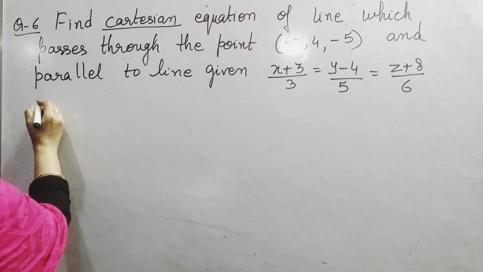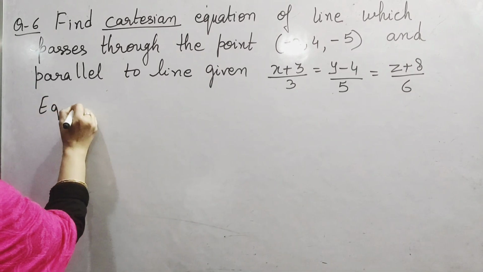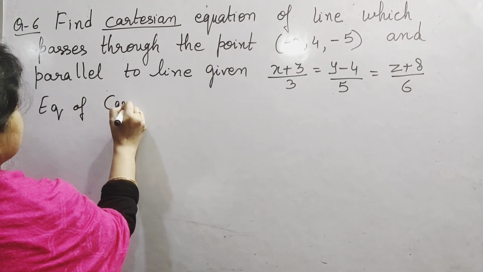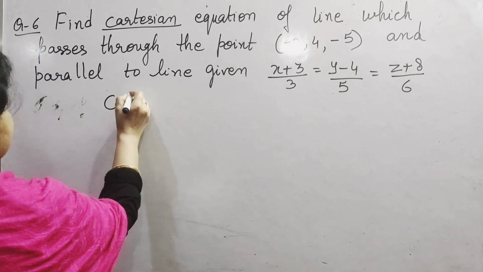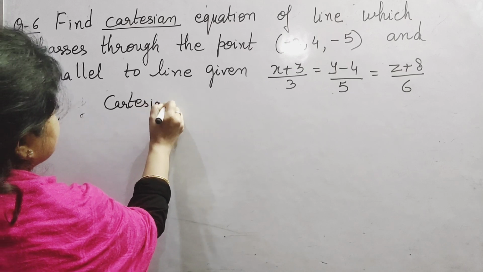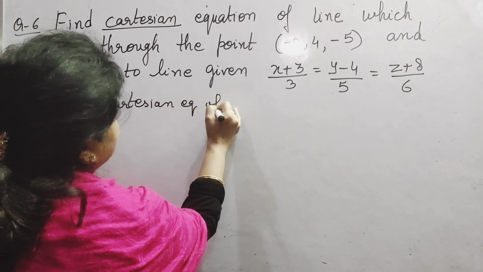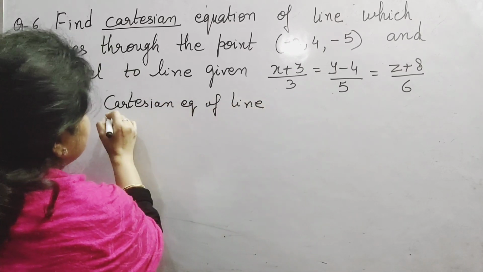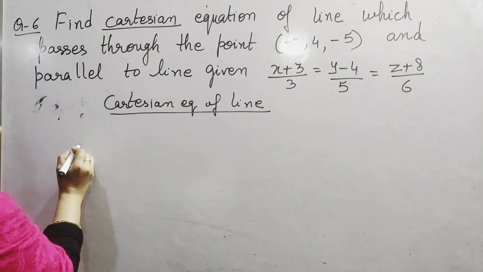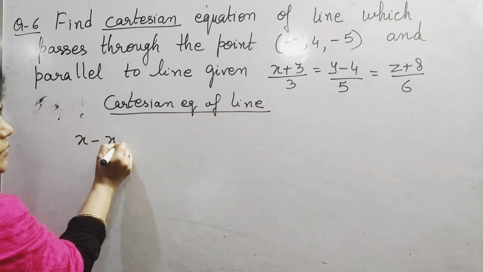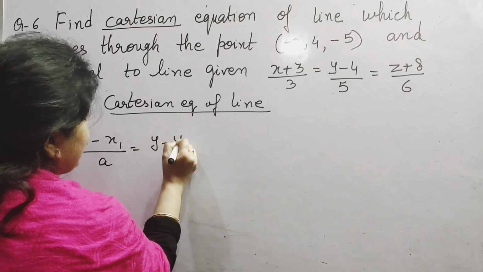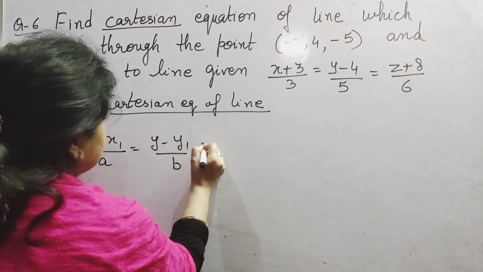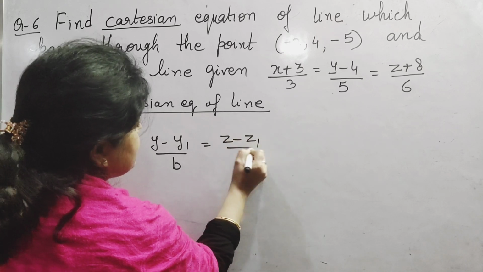Now as I told you earlier, the Cartesian equation of a line has the format x minus x1 upon a, y minus y1 upon b, z minus z1 upon c.